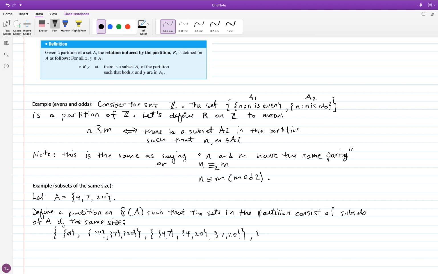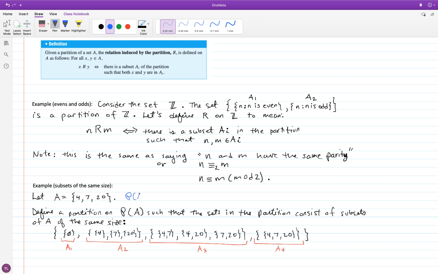Now I group together all the subsets of size 2, and finally I put the one subset of size 3 into its own partition member. These sets right here, I'll label A1, A2, and so on, to keep with the convention. These are the members of the partition of the power set of A. They are subsets of the power set of A.